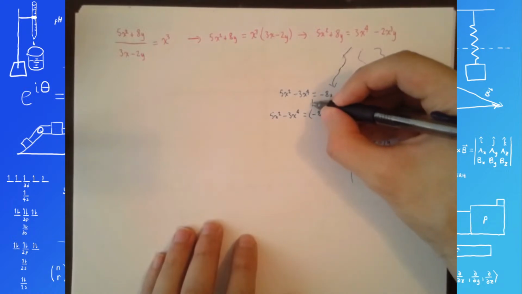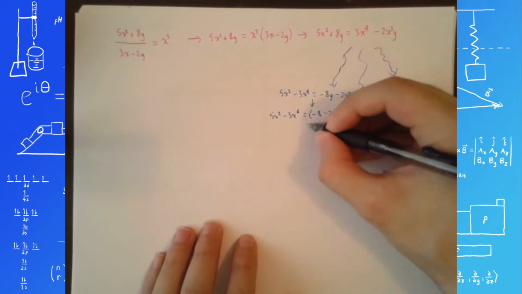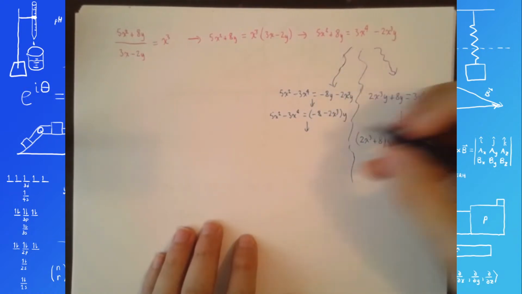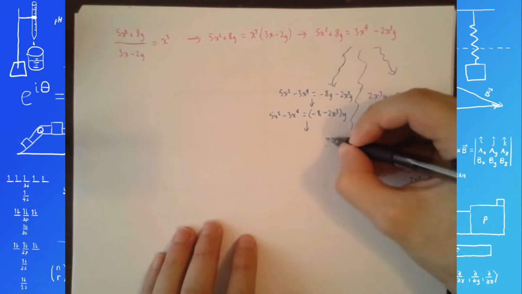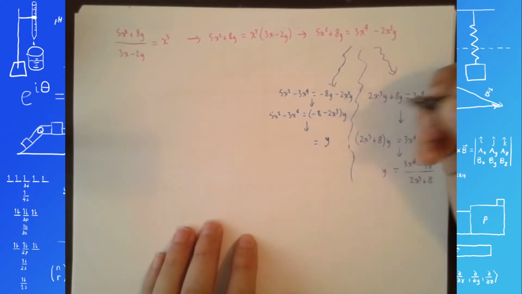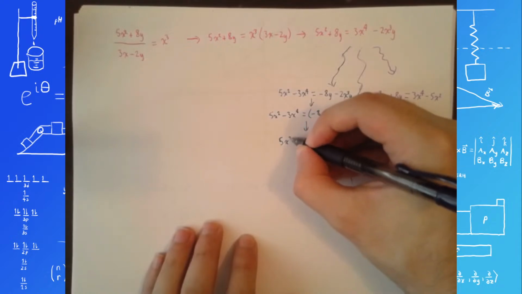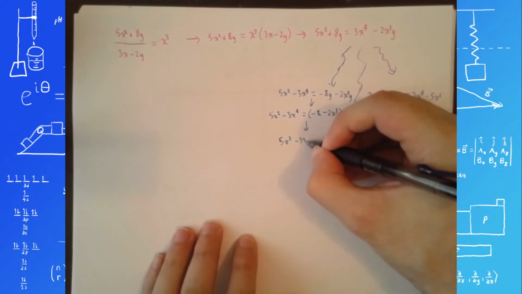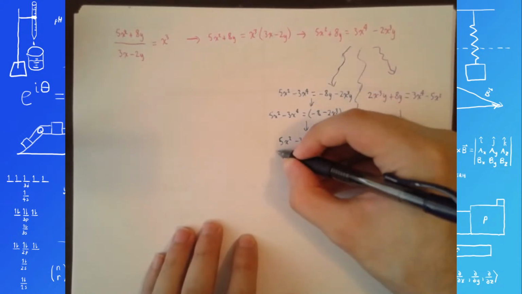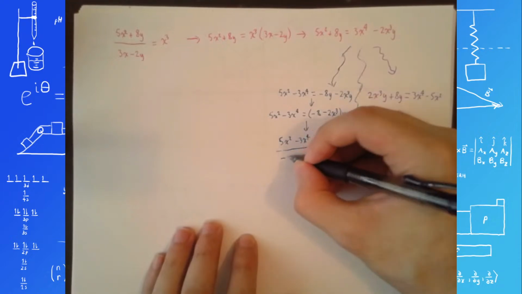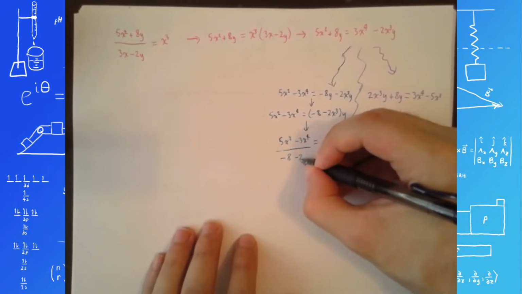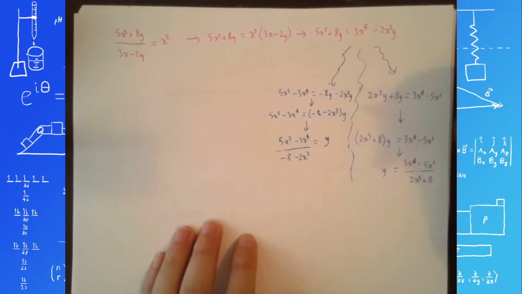Divide, and you get y equals 5x squared minus 3x to the fourth all over negative 8 minus 2x cubed.